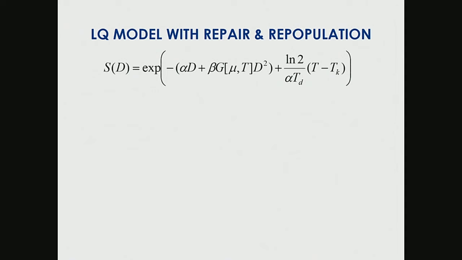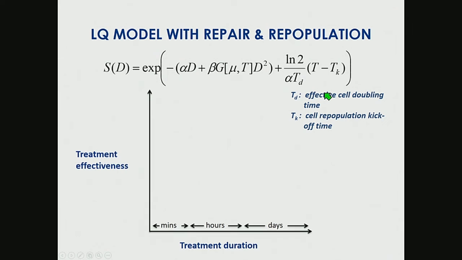Now, other time-dependent processes can also be included into the LQ formalism. The easiest one is tumor repopulation. With these two additions, the generalized form of the LQ model can describe the effect of damage repair and cellular proliferation during the dose delivery. Both of these effects are dependent on the time of the dose delivery.